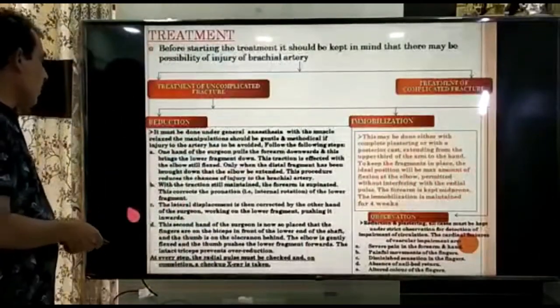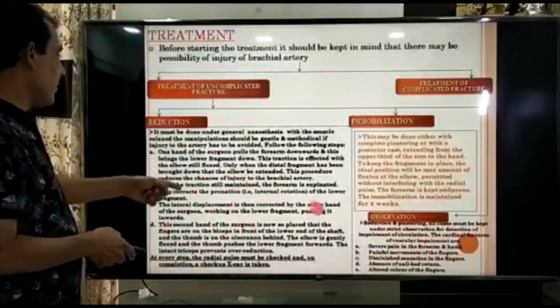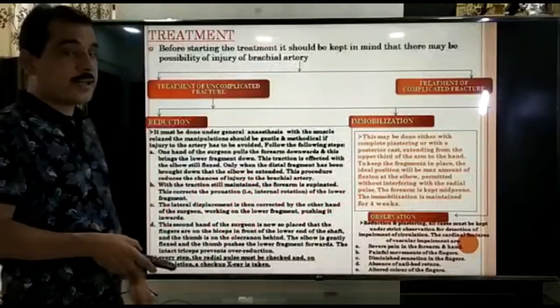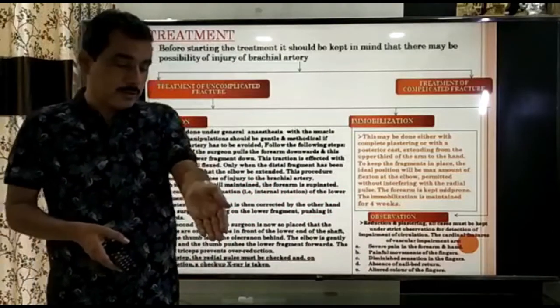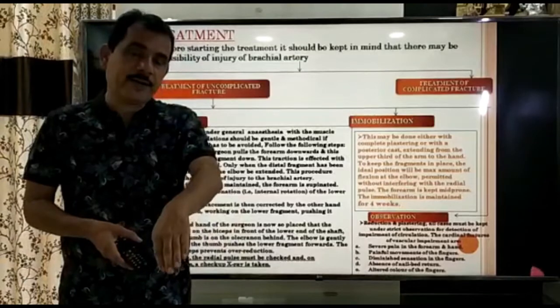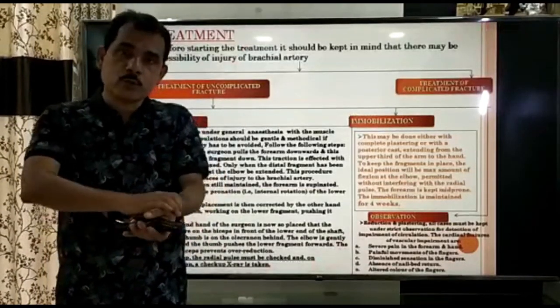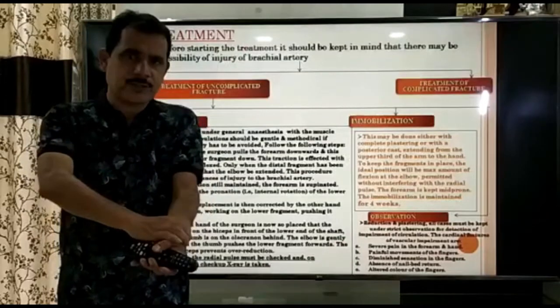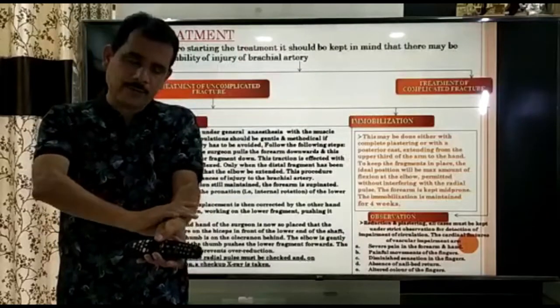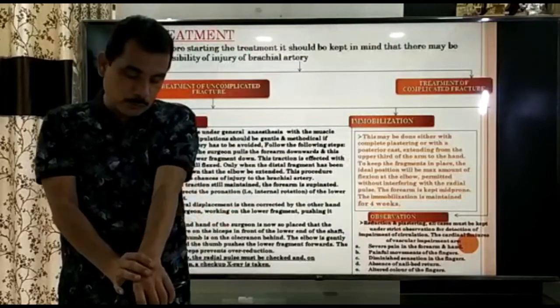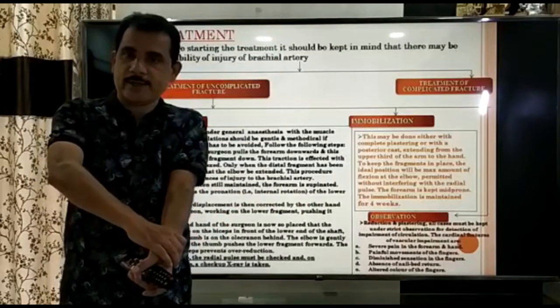Then second step, with the traction still maintained, the forearm is supinated. As you have seen in this lesson, the forearm was pronated. Now it should be supinated, with the traction maintained.